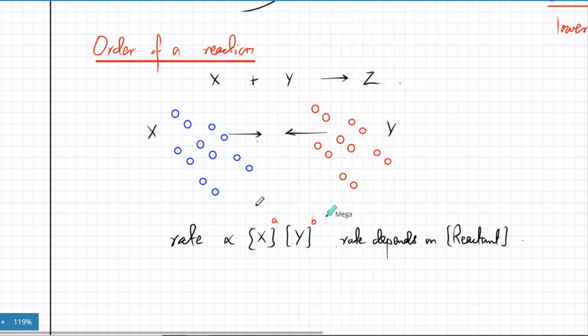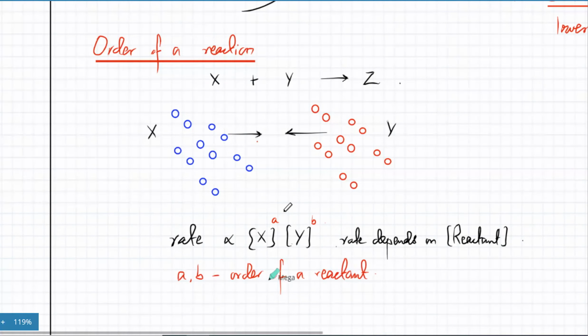So I know the concentration of X will affect the rate of reaction, but I don't know exactly how. So a and b are known as your orders, the order of a specific reactant.